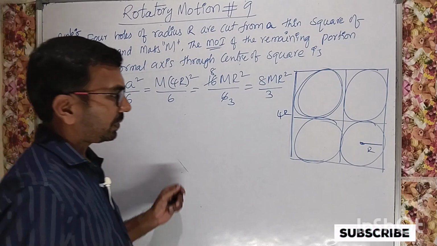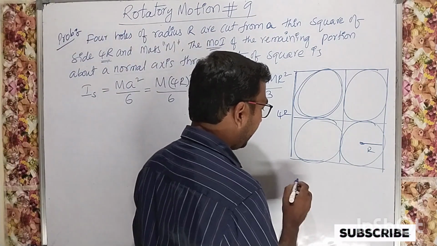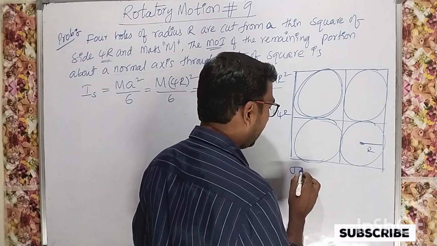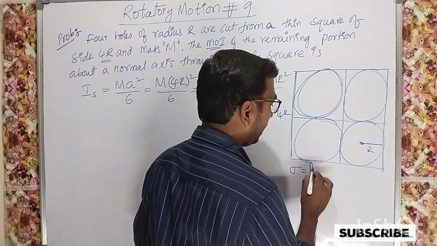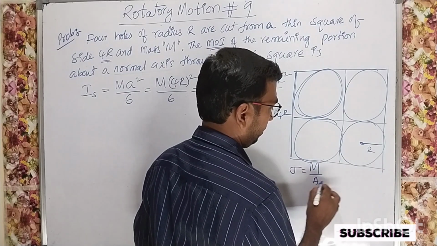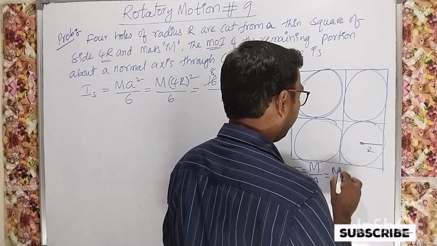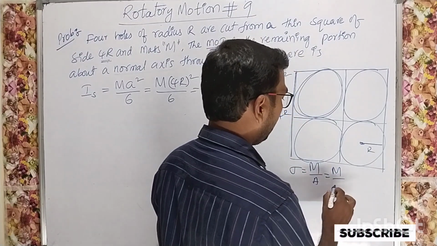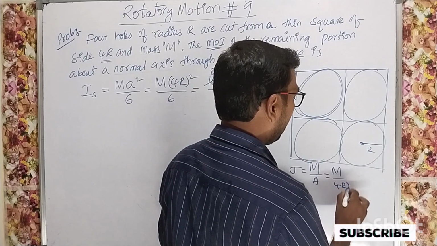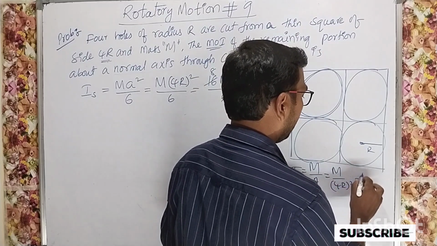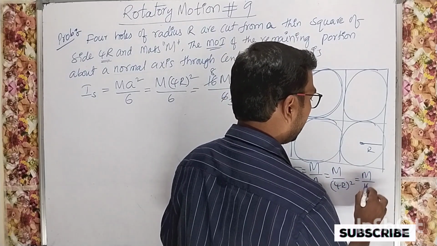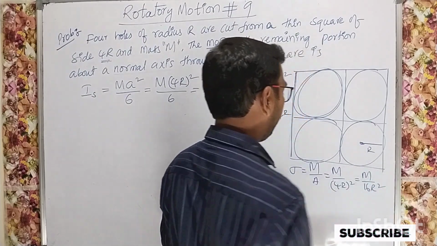So here you can find the mass density sigma, which is equal to total mass by area. Here total mass is capital M, area is 4R whole square, so capital M by 16R square.